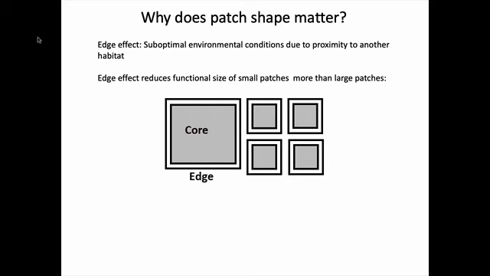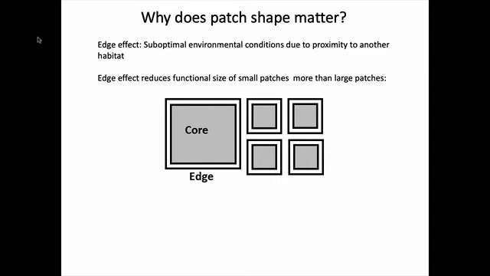The reason that it makes a difference is because of what we call the edge effect. So here's a patch, and here's the edge of that patch. Surrounding the patch is something other than the habitat. So let's think about this as a forest and this as a field. The field is hotter. It's brighter sunlight.